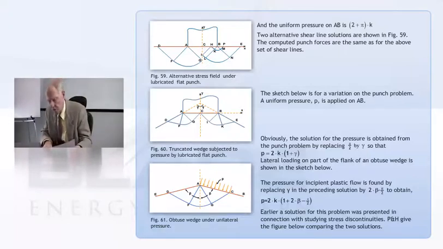So there's really two solutions being described here. The one on the left says that the constant state region under AB is just one region of constant state. In the previous solution, it had been two.